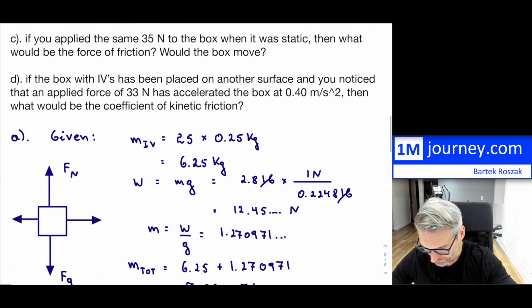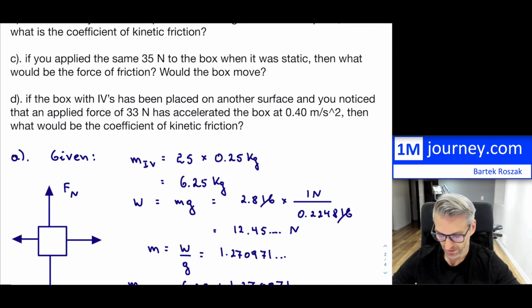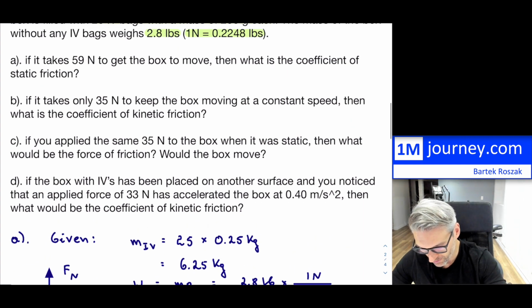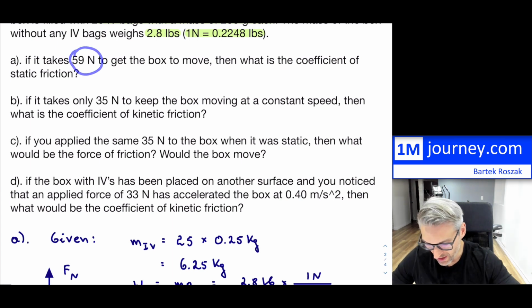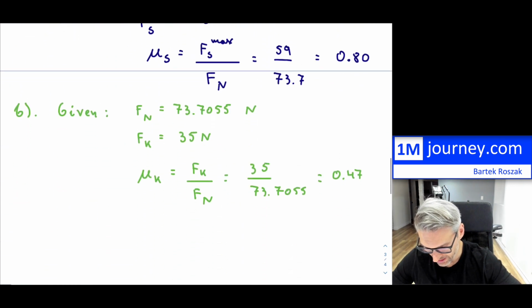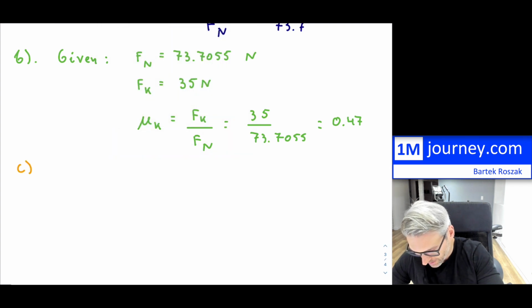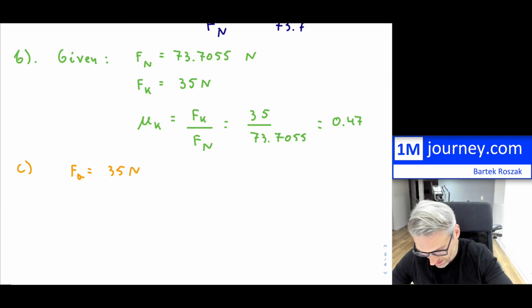Now part C: if you apply the same 35 newtons to the box when it was static, then what would be the force of friction? From part A, notice that it's 59 newtons just to get the box moving. Now let's say you had an applied force of 35 newtons.